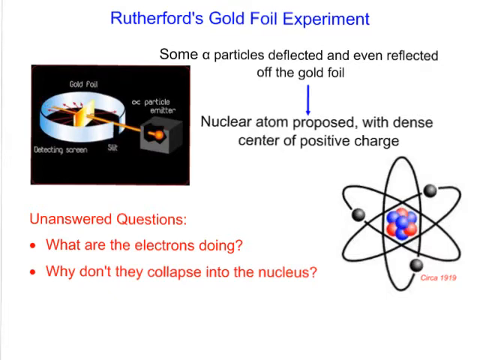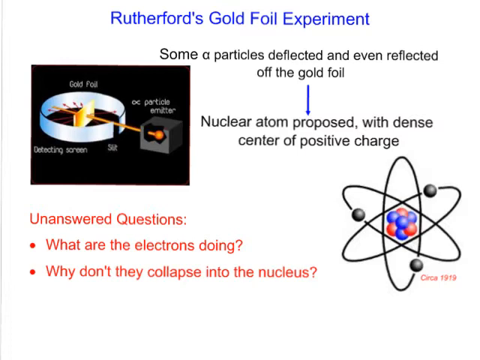You can see some of them deflecting off and even reflecting off of this gold foil, and that surprised him a great deal. He described the event as comparable to shooting a gun at a piece of paper and having the bullet bounce back. This reflected particle was very surprising to him.